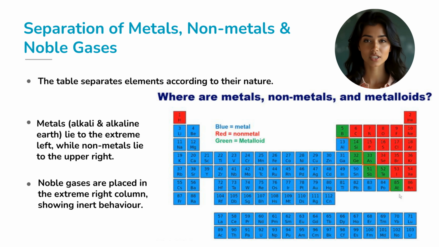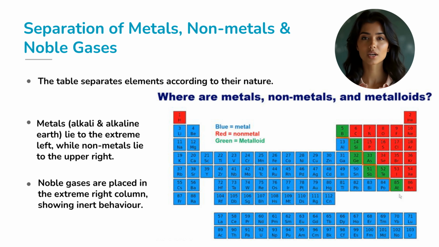Take a closer look at the table again. Notice how neatly metals, nonmetals, and noble gases are separated. All the shiny, malleable, and ductile metals like sodium, magnesium, and calcium sit comfortably on the left. Nonmetals like oxygen, nitrogen, and chlorine stay to the upper right, showing very different properties.